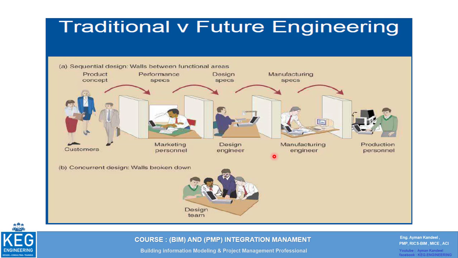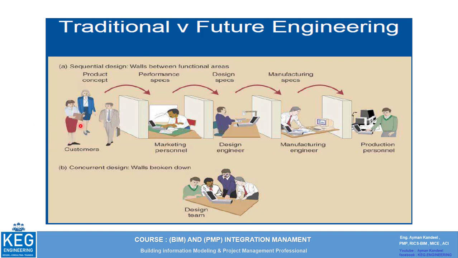In order to understand what BIM is, you should first understand what the traditional engineering method is. Actually, traditional engineering works in isolation. Each discipline is working in a different cubicle.